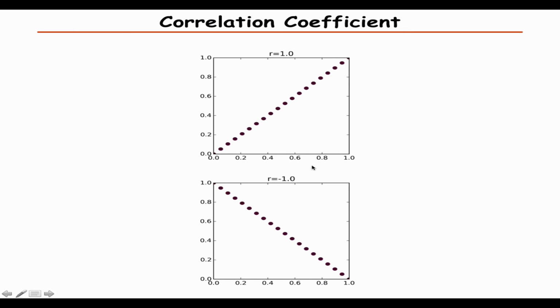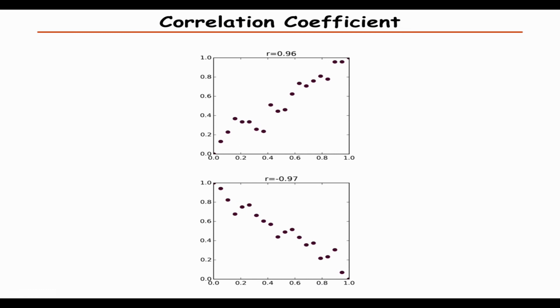Those are the two extremes, and the correlation coefficient is always between -1 and 1. These are the best correlations. If we now add more noise, we see how the correlation coefficient goes down. Even here, we've added a little bit of noise, and the correlation coefficient has decreased, but not by a lot.